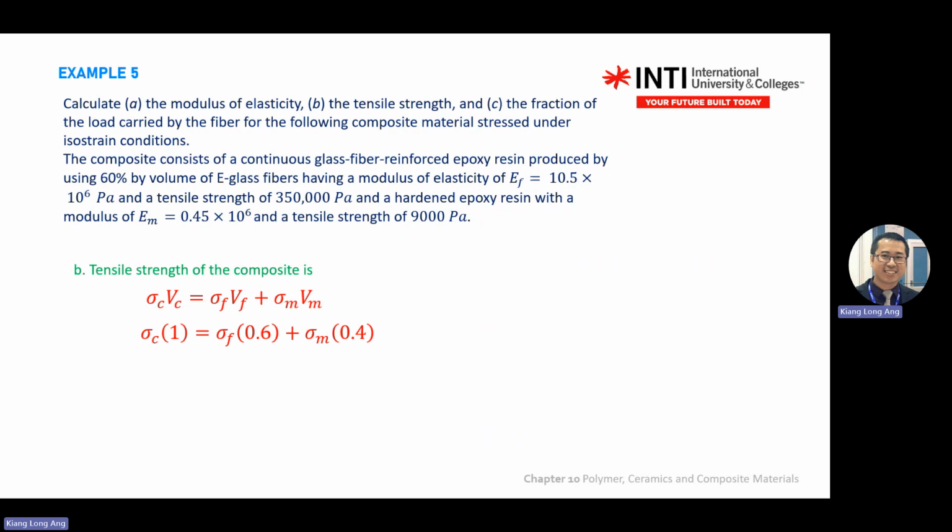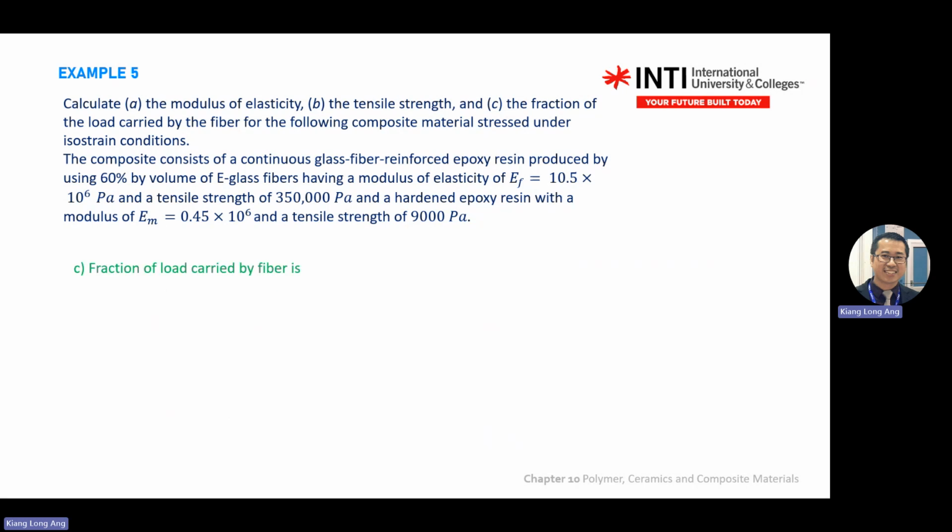All right, then you substitute volume of composite 1, volume of fiber is 60%, 0.6, volume of matrix is 0.4. Okay, then you are given the tensile strength there. So you substitute the tensile strength accordingly, you get the composite strength. Remember the unit, remember the unit in Pascal.